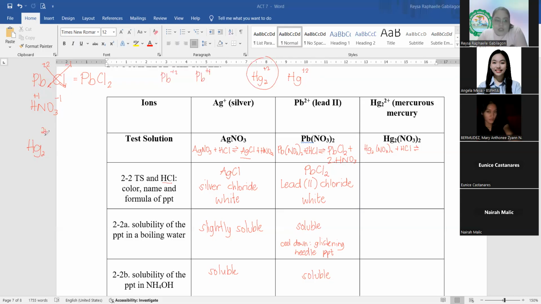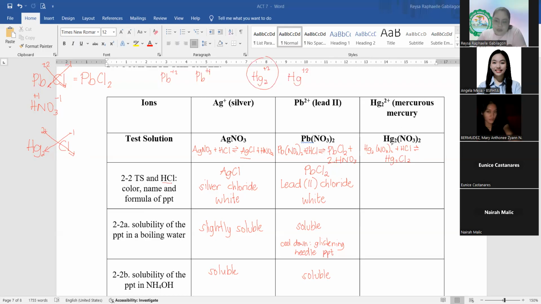So, Hg2 2+, and then ang partner niya na ngayon ay Cl, which is -1. So like if you do the crisscross here, kasi if we are going to add this one, this is not equal to 0. So 2 times 1 is still 2. So you just write it here, Hg2, tapos Cl will have the 2. Okay? That is the chemical formula.